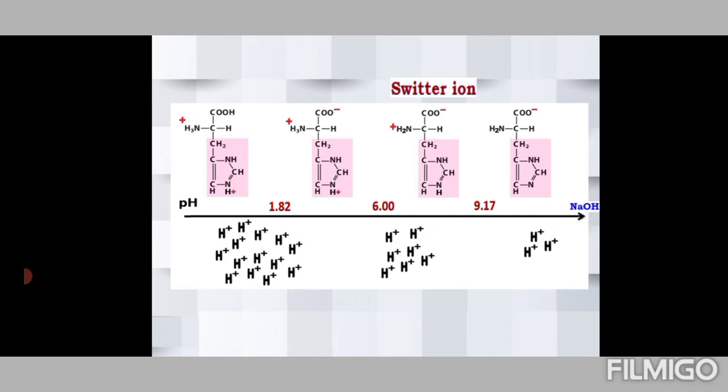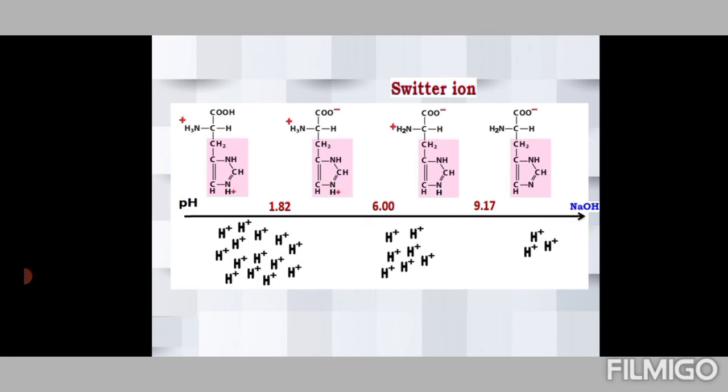Now here the pK1 value is 1.8 with respect to carboxylic acid group, and pK2 value is 9.17 with respect to the amino group, and the new pK3 value, so this is actually the pK3 value, it is 6.0 with respect to the R group, the side chain amino group on the R group.